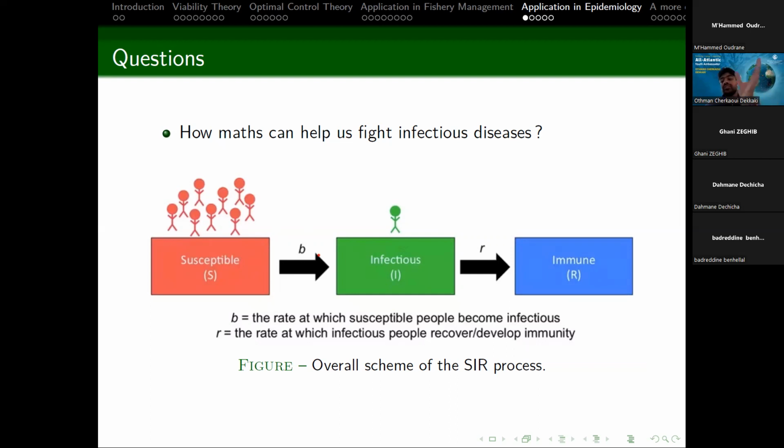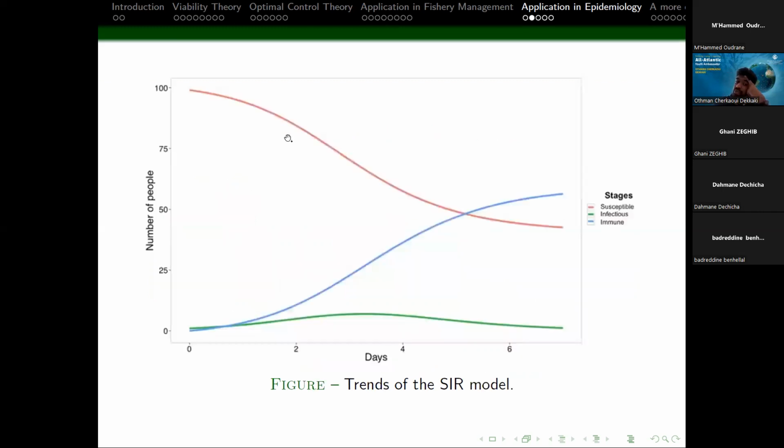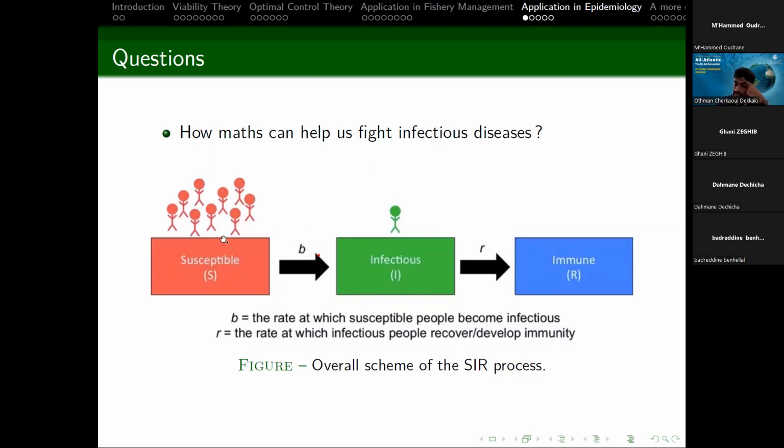You're going to see that there are people who are susceptible. Some of them might get infectious, some of them might not. And those that get infected, some of them will develop an immunity. Some of them might die, some of them might not develop an immunity and become susceptible once again.